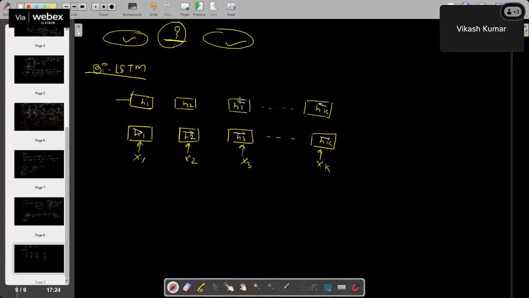This is in the reverse direction. If you recall, earlier we had just a one-way LSTM. We had the input from previous states.